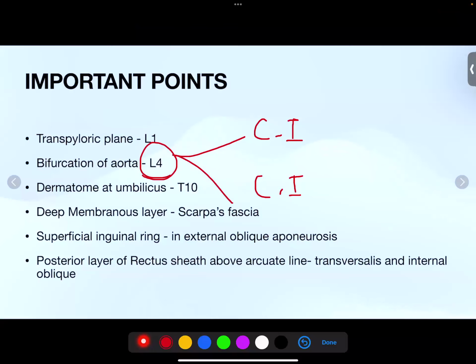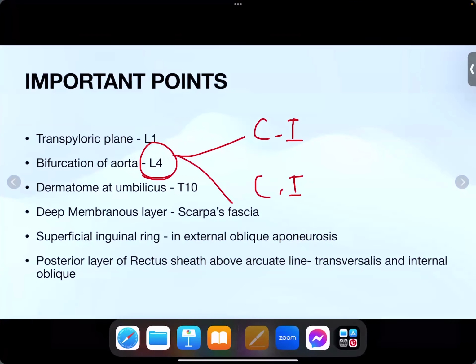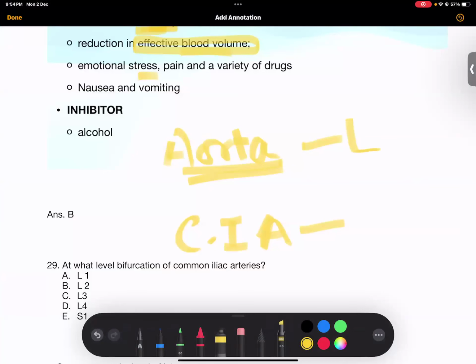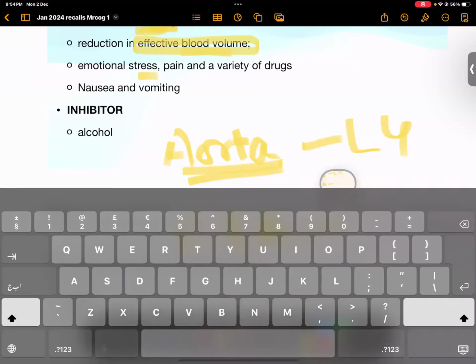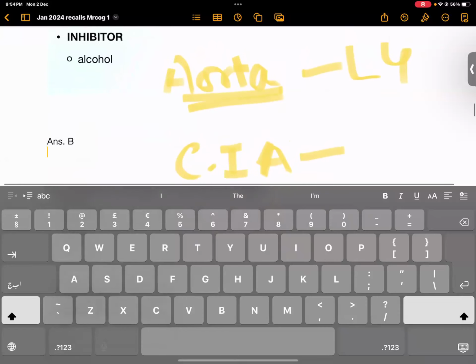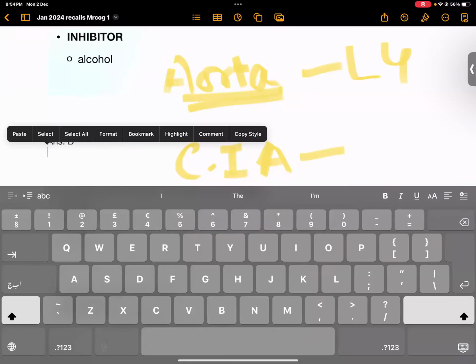So basically these two common iliac arteries arise at the level of L4, but they end whenever they bifurcate into the right internal and external iliac artery, which is at the sacroiliac joint. So you can select L5 or S1.